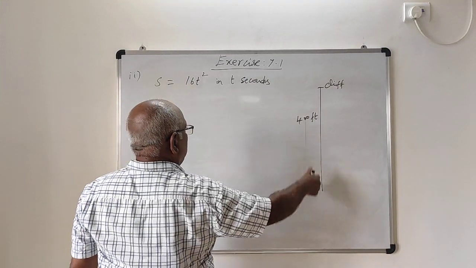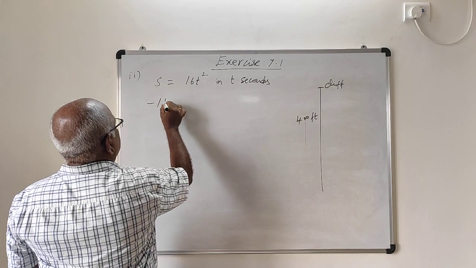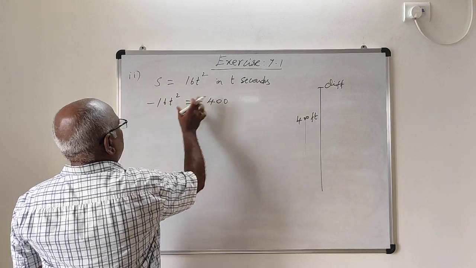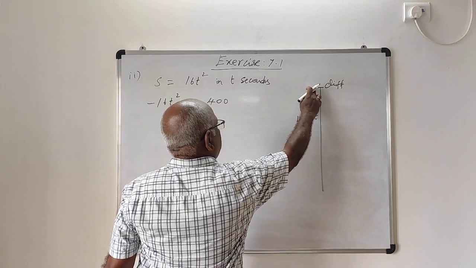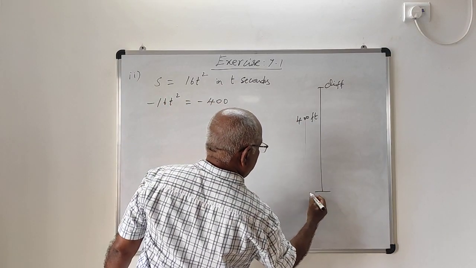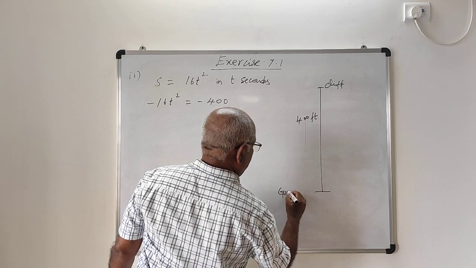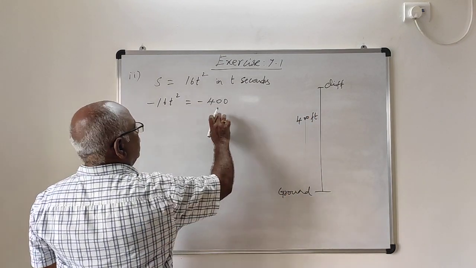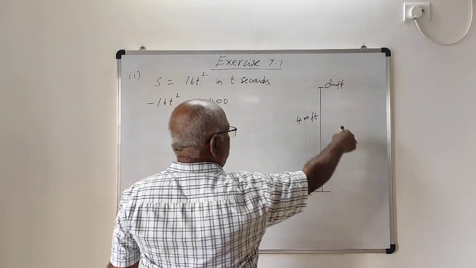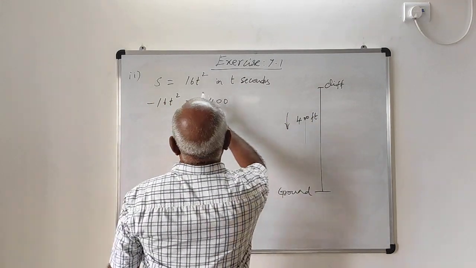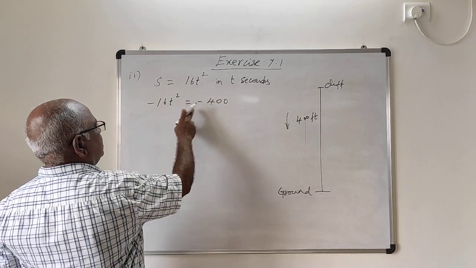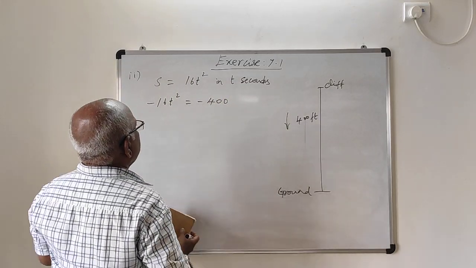Since it is falling down, a negative sign is given, minus for falling down. So the equation is minus 16t square equals minus 400.